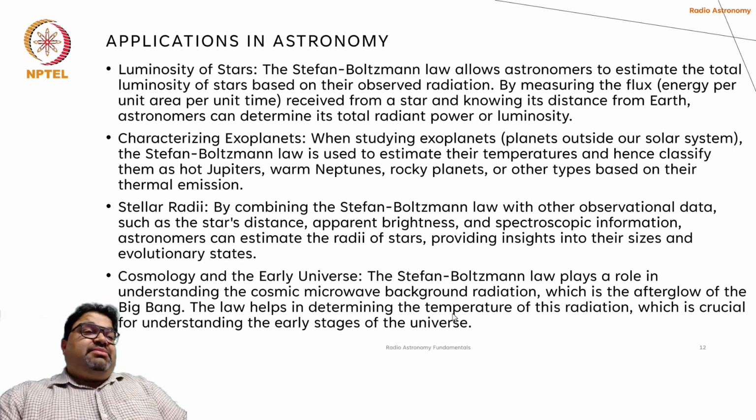So if you know the temperature, you know the flux. And characterizing exoplanets. When studying exoplanets, the Stefan-Boltzmann law is used to estimate their temperatures and hence classify them as hot Jupiters, warm Neptunes, rocky planets, or other types of planets based on their emission characteristics.